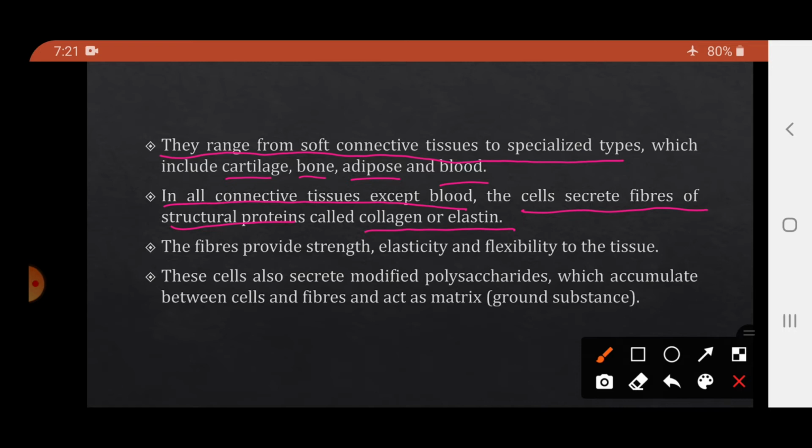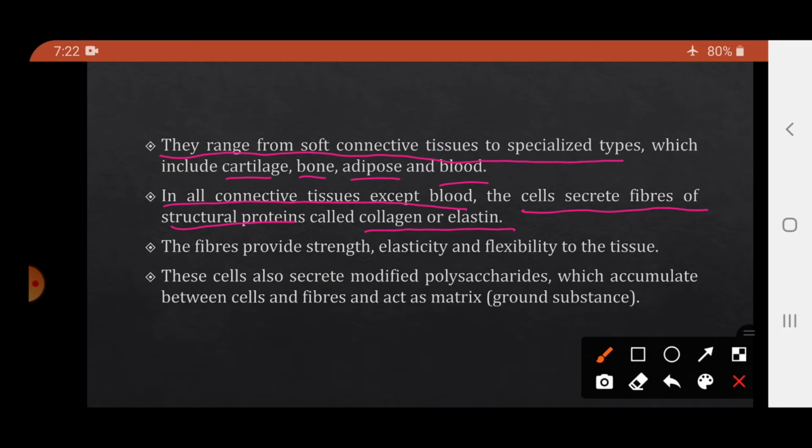Except for the blood, each and every connective tissue's cell will secrete the fibers which are made up of proteins like collagen or elastin. Which means that the cells of the blood do not secrete the fibers.